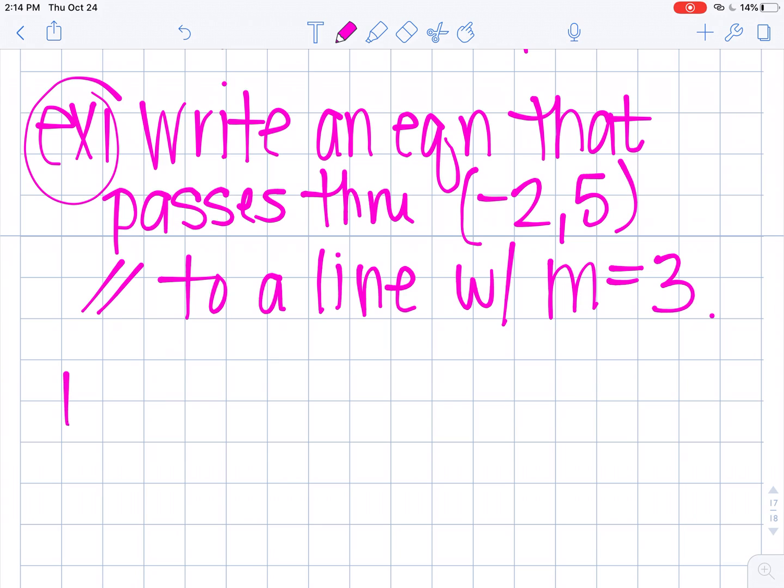A line that's parallel to a line with a slope of 3 is also going to have a slope of 3, and I want it to pass through the point -2, 5.